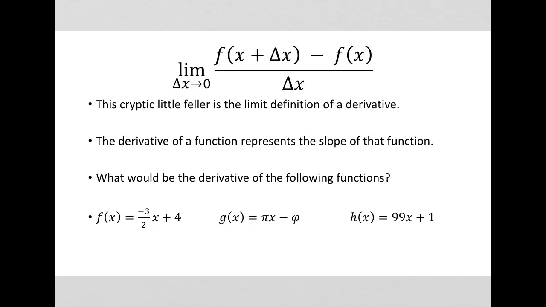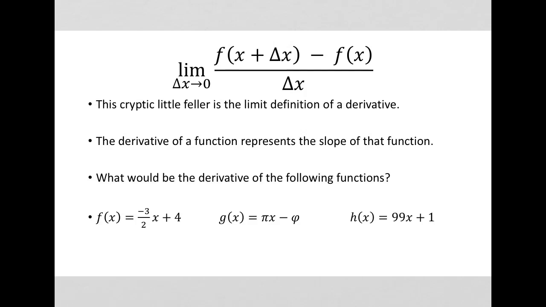So this limit we've been doing is actually, in calculus, called the limit definition of the derivative. And that's what a derivative does, essentially. It tells you the slope of a function. Now notice we were looking at linear functions, so it's easier to think about the slope of a linear function because we're used to talking about that.